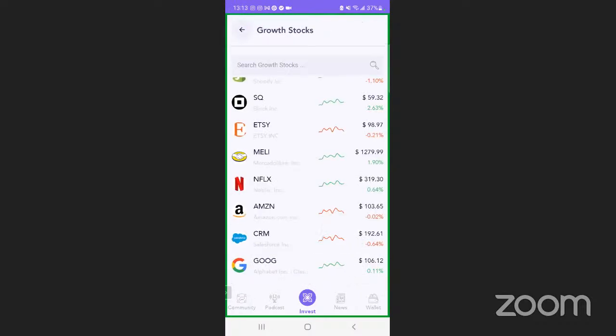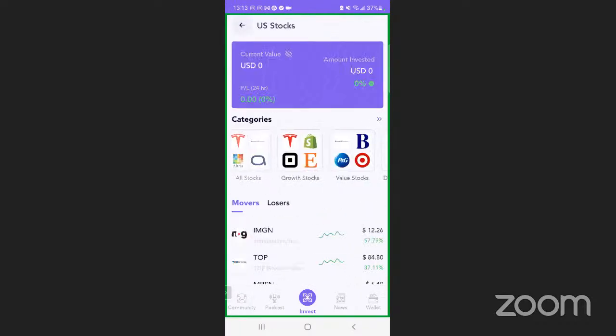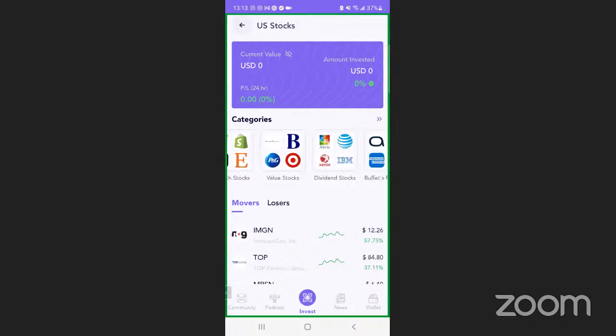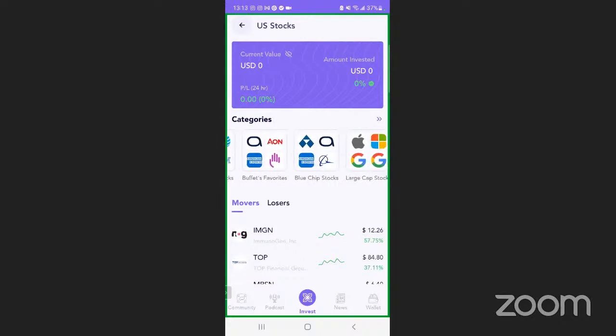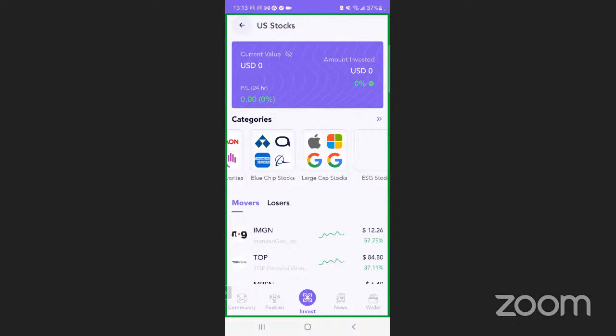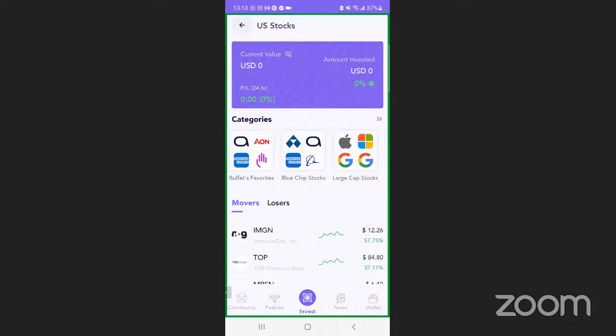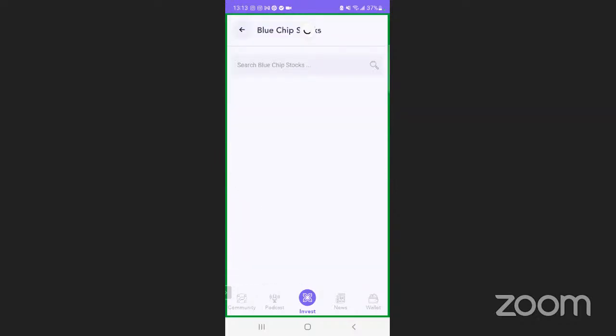On the other hand, let's say you're a more conservative investor, so you'll go for blue chip stocks, right? These are some of the biggest companies in the US, and they are more stable. So you'll not go for growth stocks, you'll go for blue chip stocks. Click on blue chip stocks.